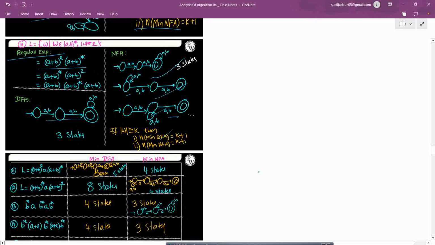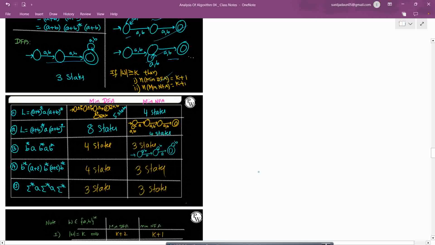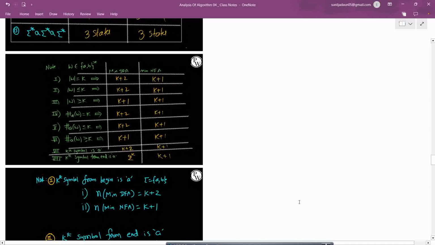K plus 1, K plus 1. 4 states, 4 states. All things are similar. Note what to note here. Length of W K, K plus 1. Less than K, K plus 2 is K plus 1. Greater than K plus 1 is also K plus 1. Number of W is equal to K, then K plus 2 states, here K plus 1 states.